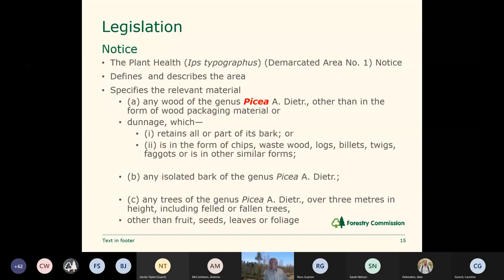I'll hopefully be able to have time to touch on that a little bit further later on. But that gave us the basis for the introduction of this demarcated zone, which was described in the notice number 1.